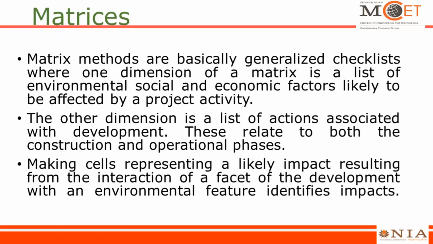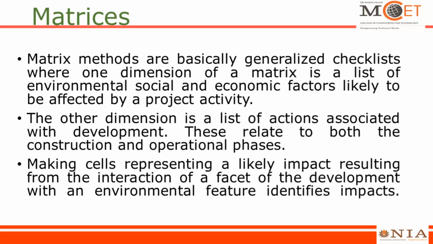Matrix methods are basically generalized checklists where one dimension of a matrix is a list of environmental, social, and economic factors likely to be affected by a project activity. So there are two dimensions to the matrix, X and Y, right? One dimension leads to the different factors. The other dimension is a list of actions associated with the development.